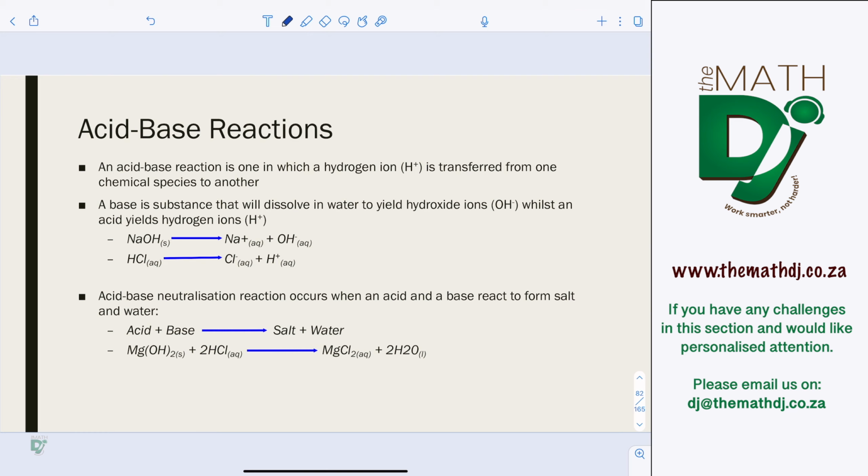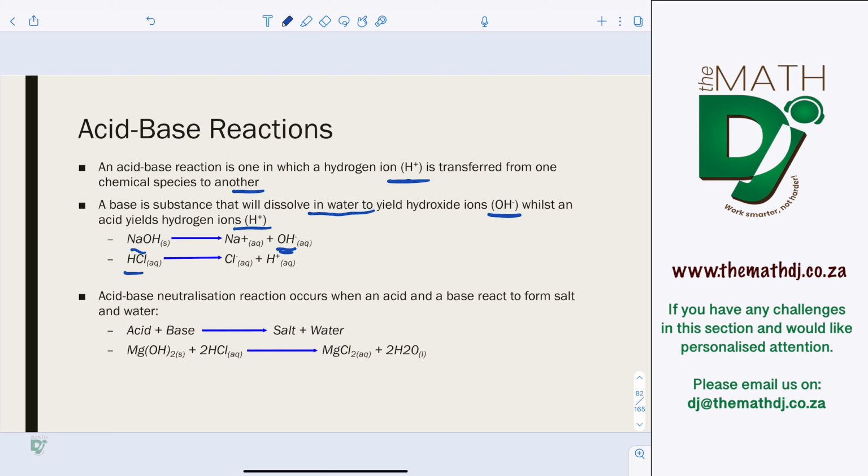So acid-base reactions. An acid-base reaction is one in which a hydrogen ion is transferred from one chemical species to another. A base is a substance that will dissolve in water to yield hydroxide, whilst an acid produces H ions. So, for example, sodium hydroxide, when exposed to water, produces the hydroxide, which means sodium hydroxide is a base.